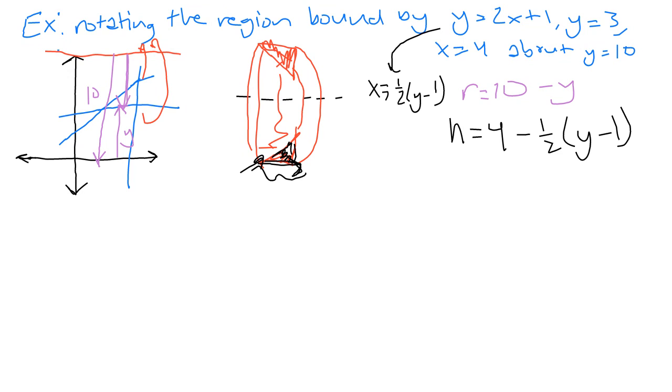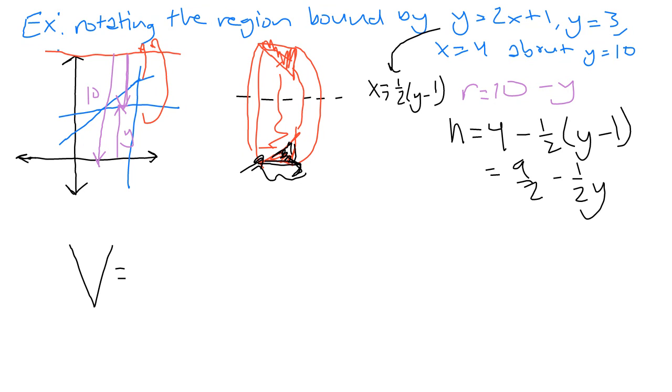If we play with this, we can rewrite it to get our height is equal to 9/2 minus 1/2 y. So now at this point, we can set this up.